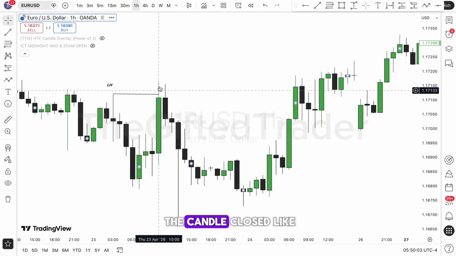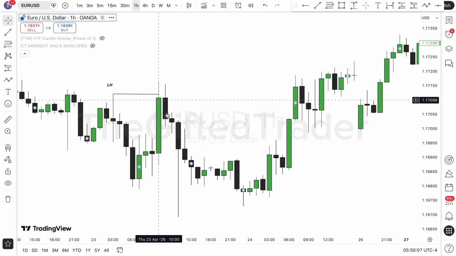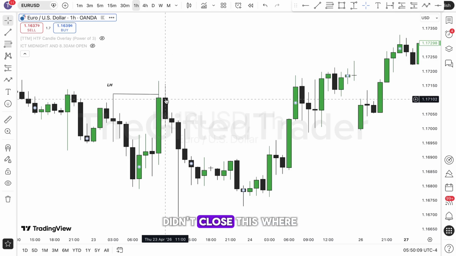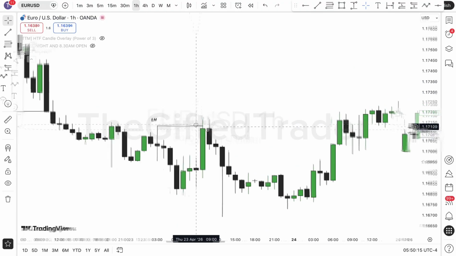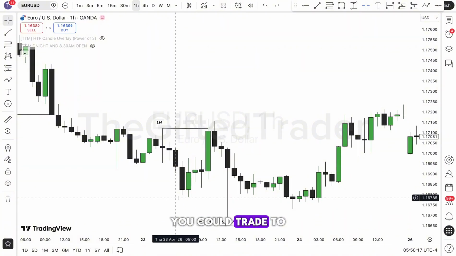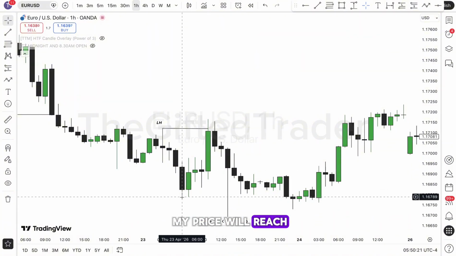Now this one didn't close, this is where it ended. This one as well didn't close, this is where the candle ended, this is a sell. Upon seeing this and seeing this is a fake, you could trade to this low. I will teach you why price will reach here. It's called liquidity, but I'll teach you that some other time. That is very much complicated.